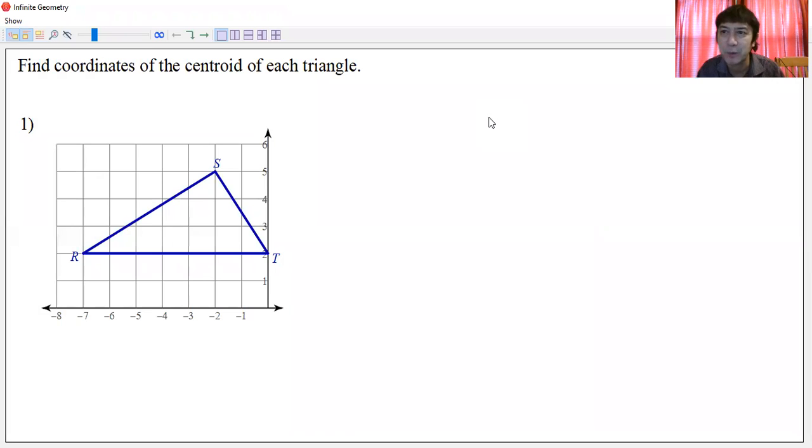Here's the first number. Find coordinates of the centroid of each triangle. Okay, we have a formula for the centroid, of course. So we're going to have the formula first for the centroid. So we have a formula for a centroid of a triangle.